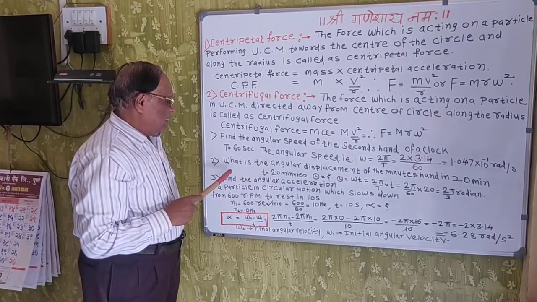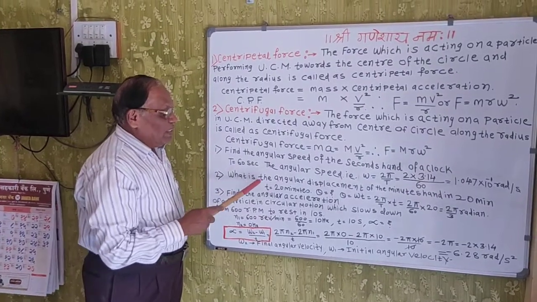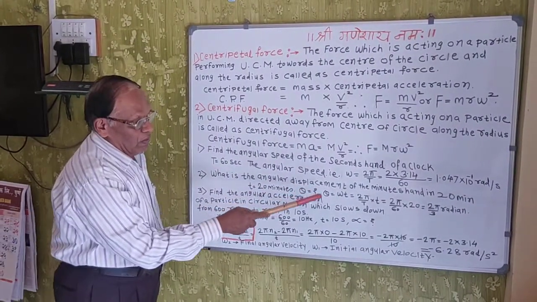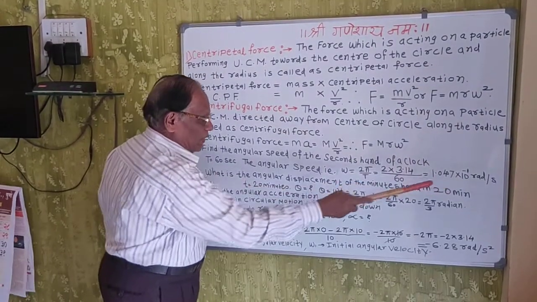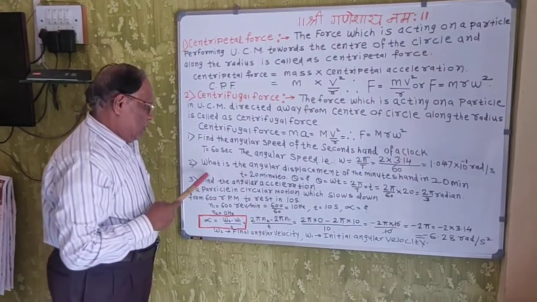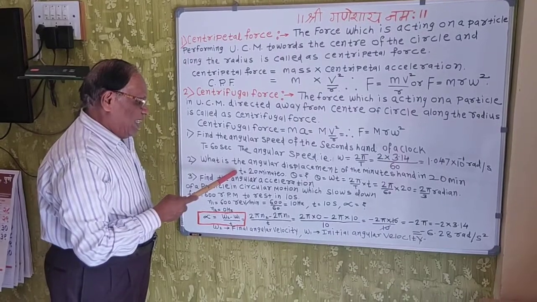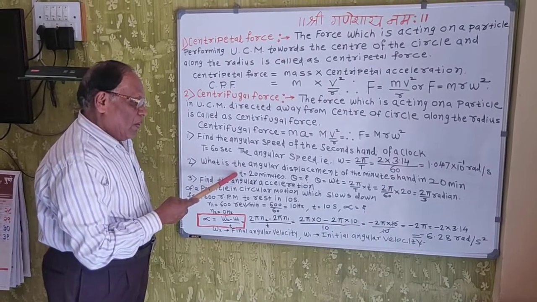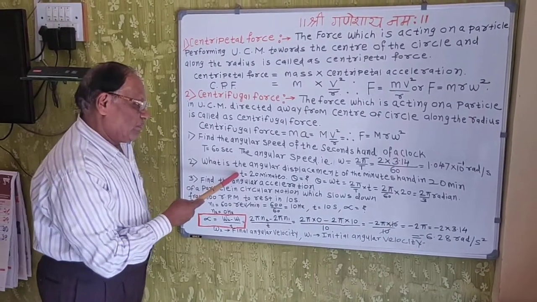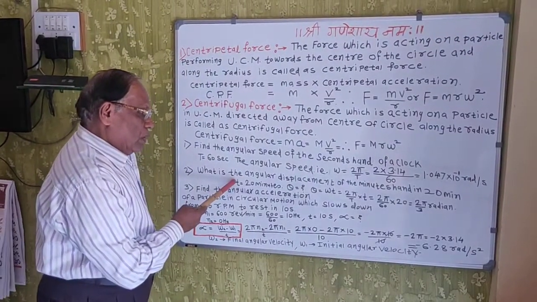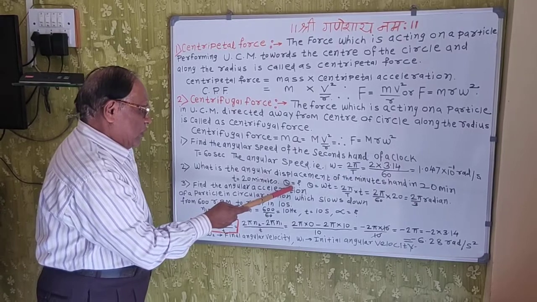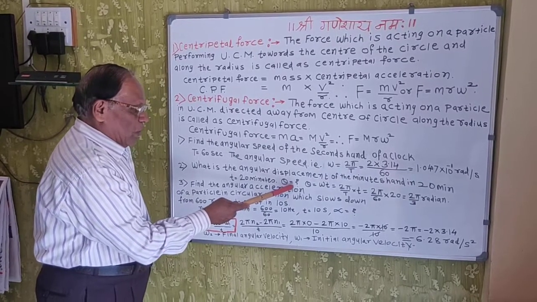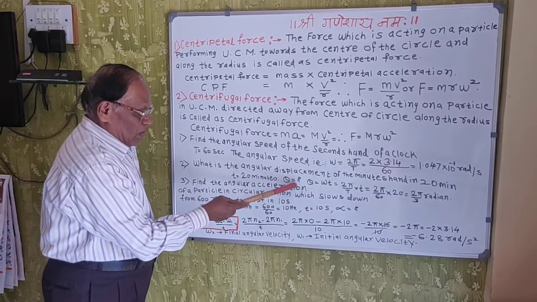Now the second example is, what is the angular displacement of the minute hand in 20 minutes? So small t is equal to 20 minutes, and the question mark is in front of angular displacement theta.